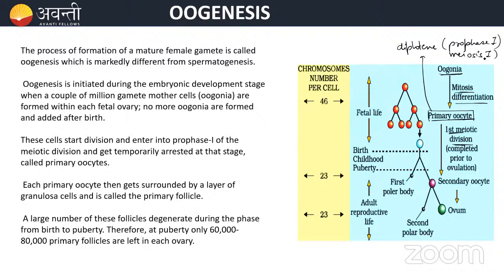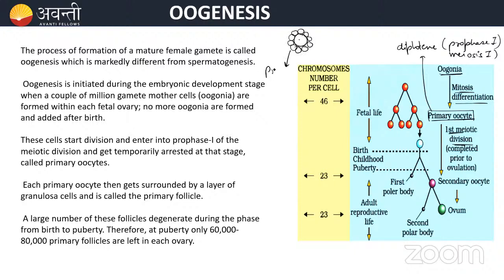These primary oocytes are surrounded by the granulosa cells. Another name for the granulosa cells is the nurse cells or the follicular cells. They are stromal cells only. So if this is the primary oocyte, it is surrounded by a single layer of granulosa cells.